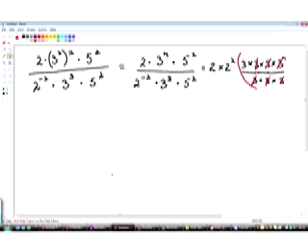So this whole thing here works out to be 3 by itself.